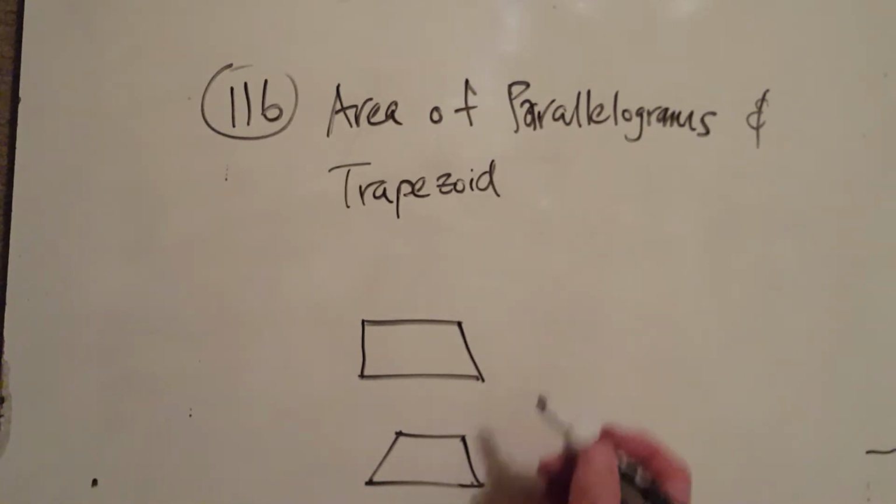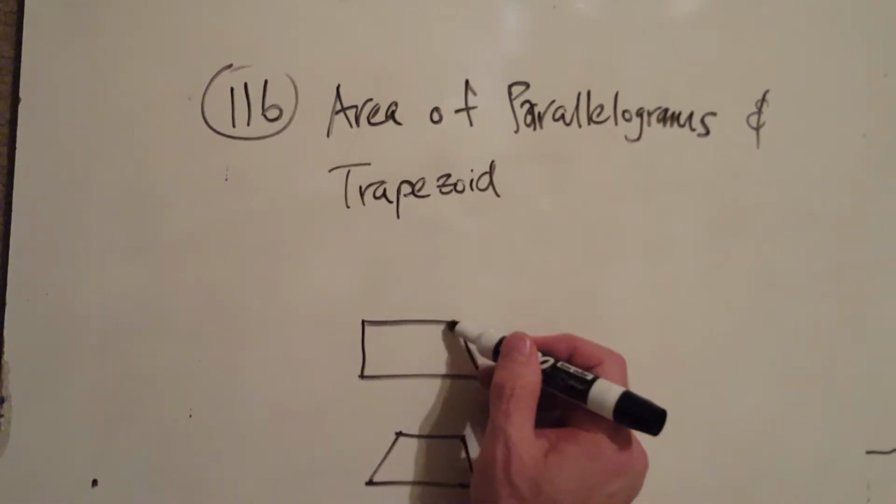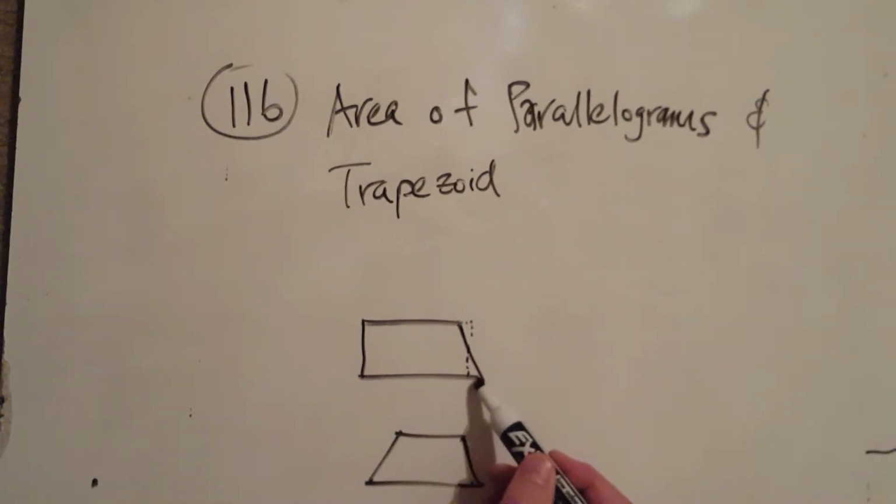What you do is you take the average of the two sides that are parallel, right? So you pretend that you've got a rectangle that ends halfway in between the length of this and the length of that. And then you just multiply base times height.